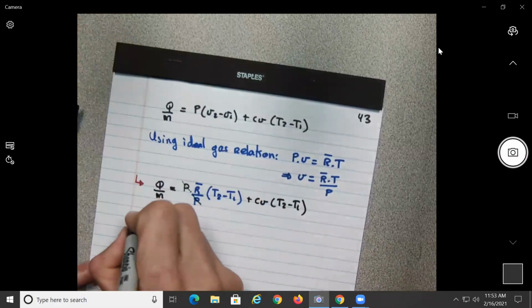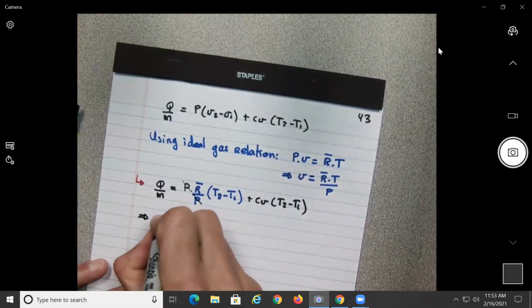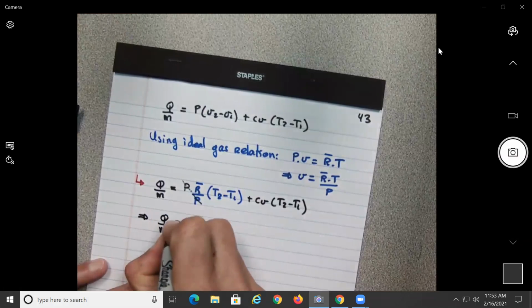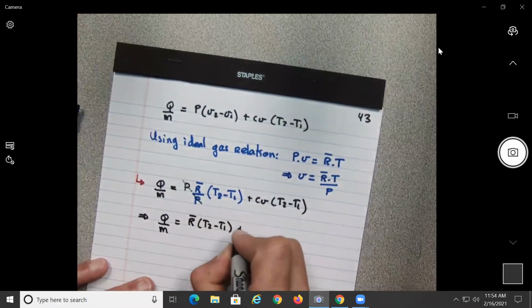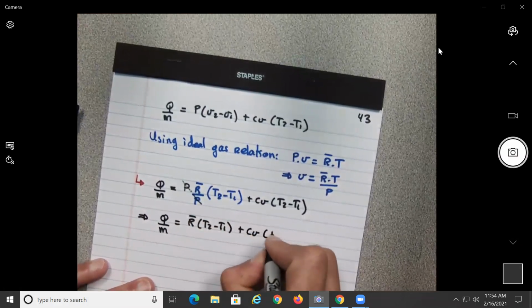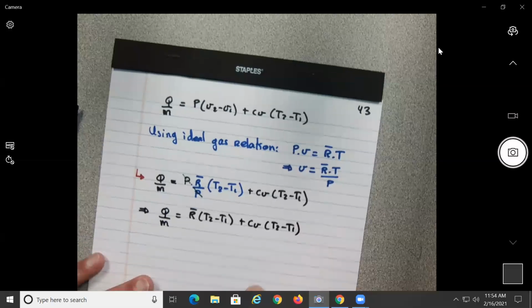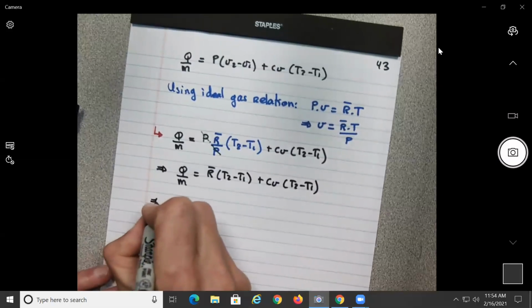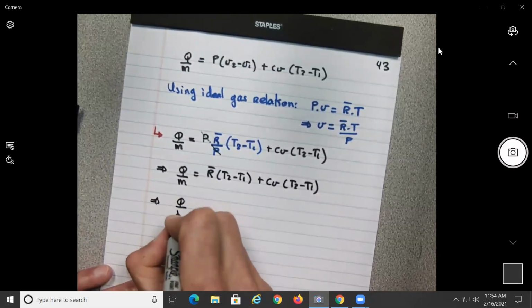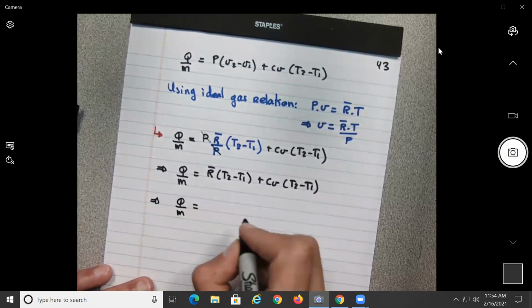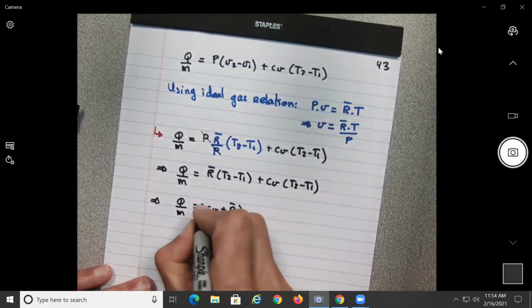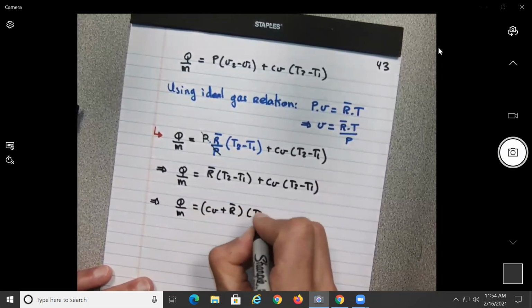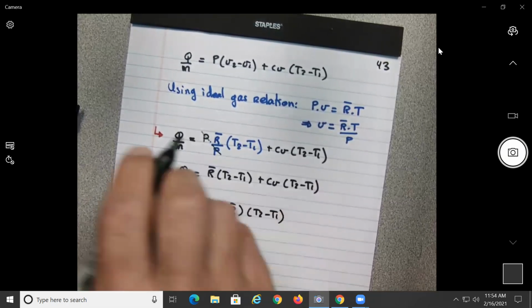You have Q over m now equal to R bar (T2 minus T1) plus Cv (T2 minus T1), which is equal to Q over m of (Cv plus R bar) times (T2 minus T1).